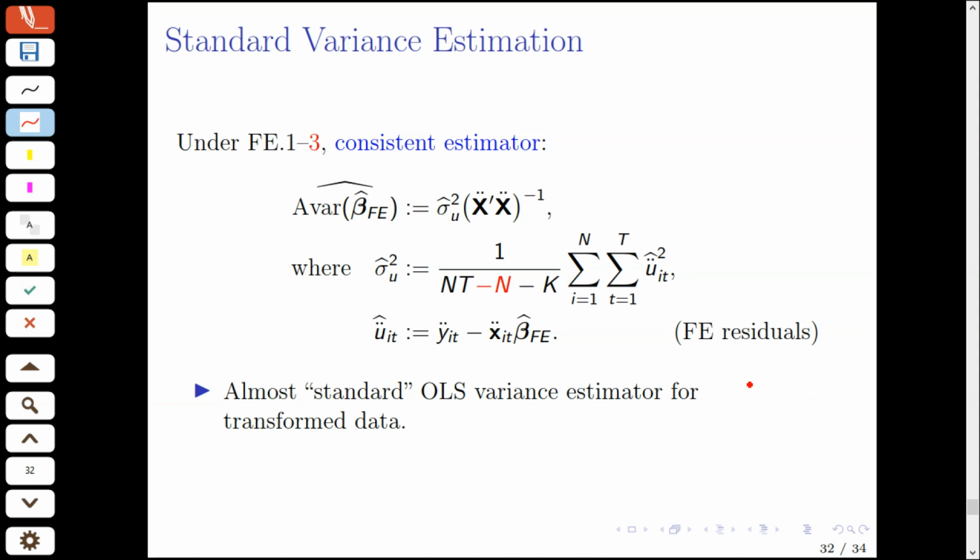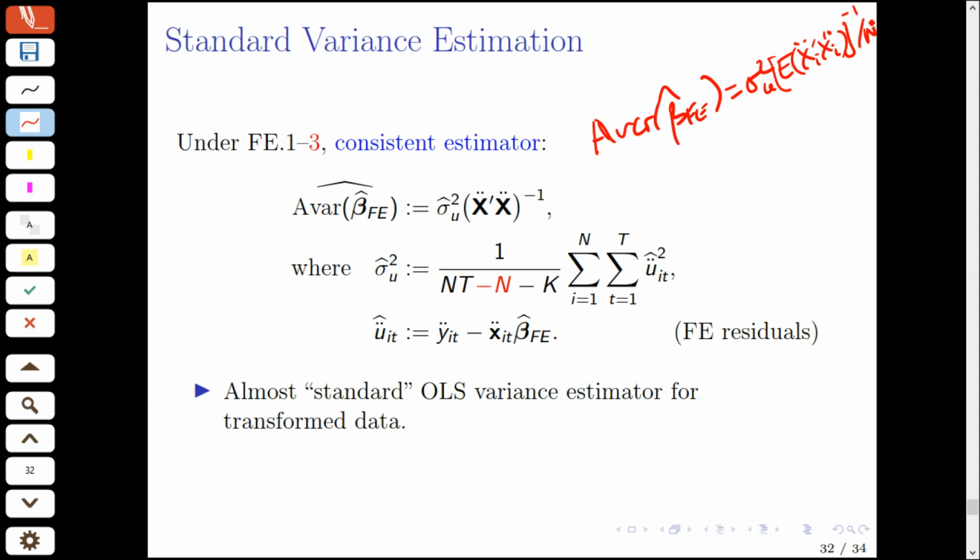Now under our three fixed effects assumptions, FE1 through FE3, a consistent estimator arises from replacing any unknowns in the asymptotic variance, that is, this matrix with an inverse, replacing unknowns with consistent estimators.